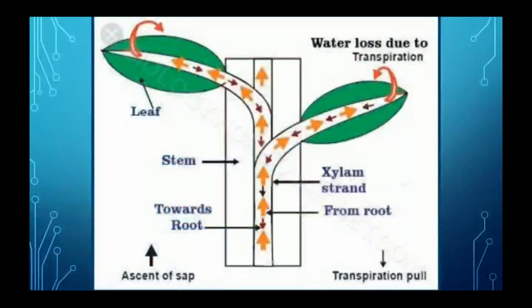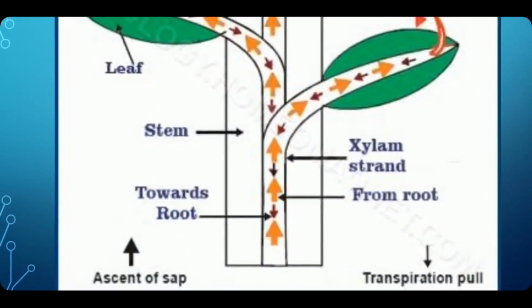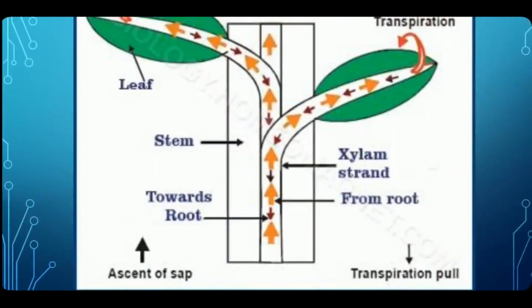Here in the picture you can see that transpiration pull is going down to take the water up, and this makes the water ascend. Ascent of sap is going in the upward direction, and transpiration pull is going in the downward direction. These orange arrows show the ascent of sap.